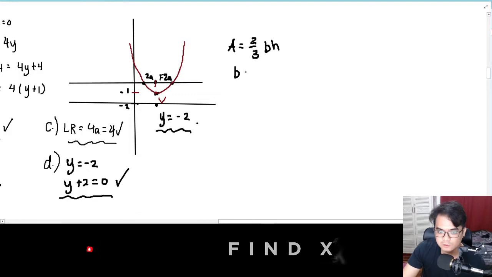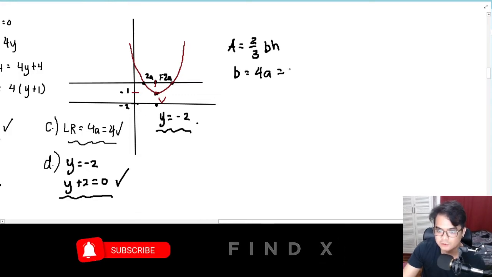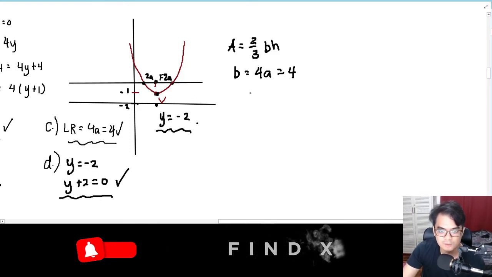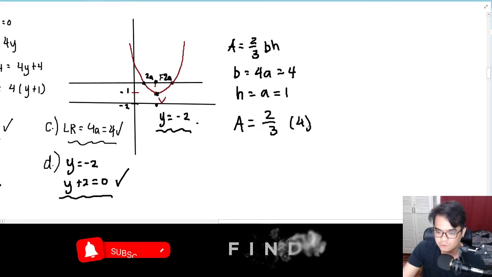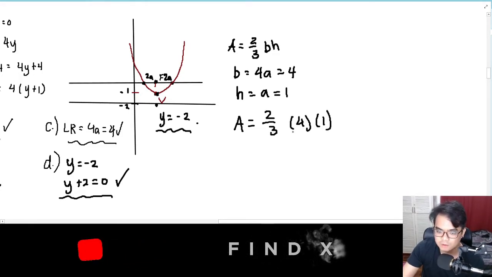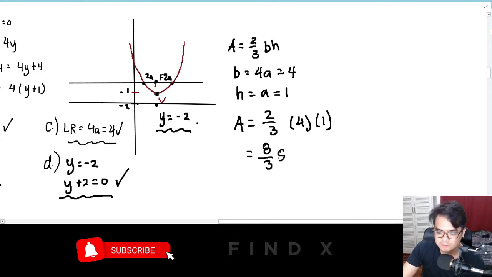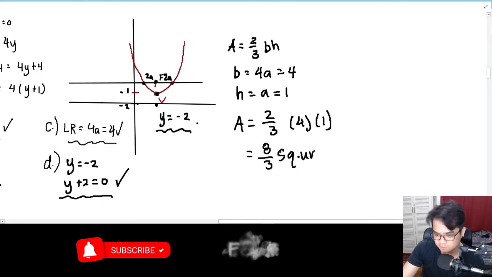So the base will be 4a, which is equal to 4, and the height will be the distance of vertex to the focus, which is a. Okay, so h will be equal to a equal to 1. Therefore, your a will be 2/3 and b is 4, while h is equal to 1. So this is equal to 8/3 square units.